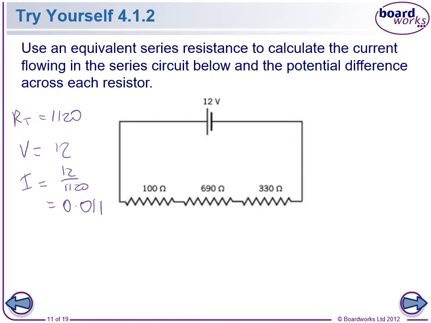Okay, so now if we look at our voltage across each one, V equals IR, so V1 is equal to 0.011 multiplied by 100, which gives us 1.1 volts. V2, 0.011 multiplied by 690.